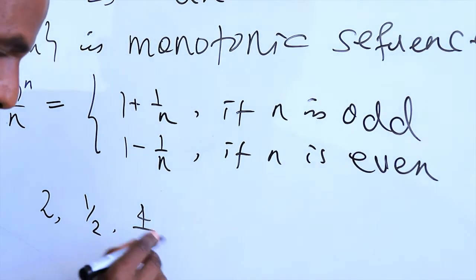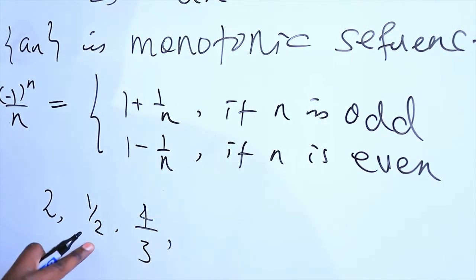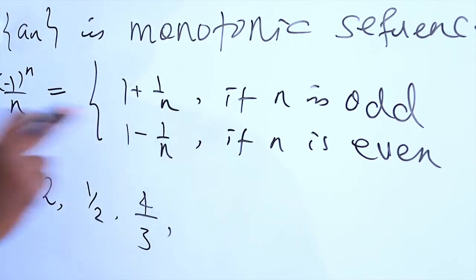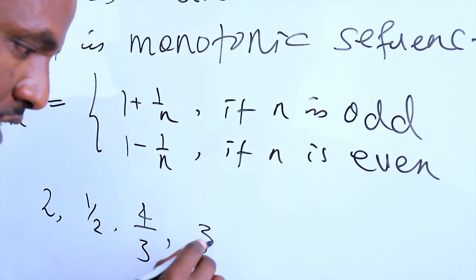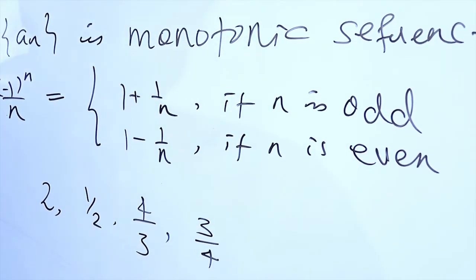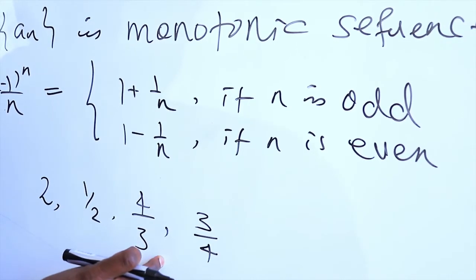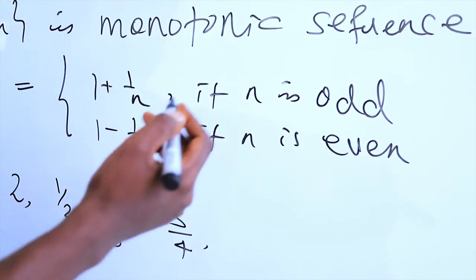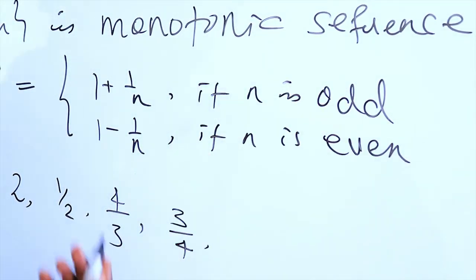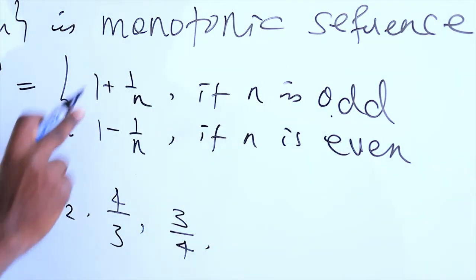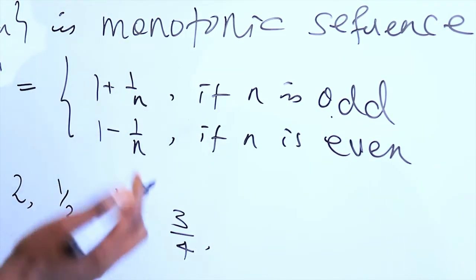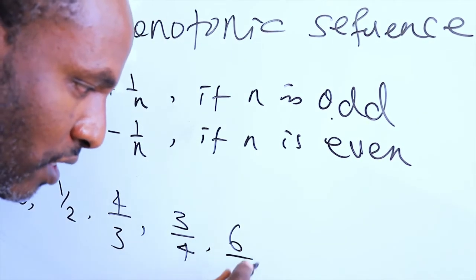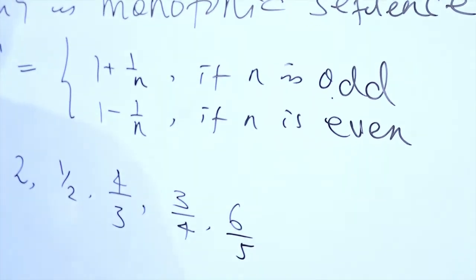If n is 4, which is even, 1 minus 1 over 4 gives 3 over 4. We can observe that if n is 3, it becomes 4 over 3, and if n is 4, it becomes 3 over 4. If n is 5, which is odd, 1 plus 1 over 5 becomes 6 over 5. It continues in such a way.